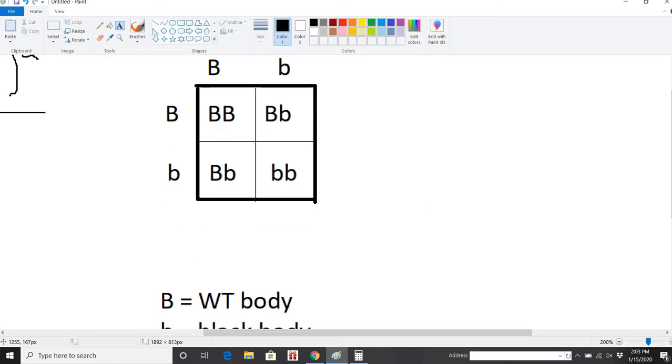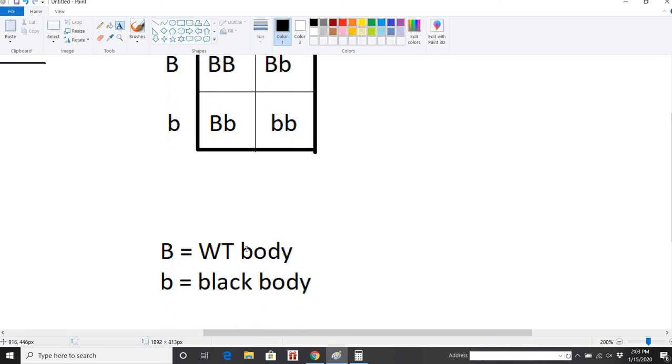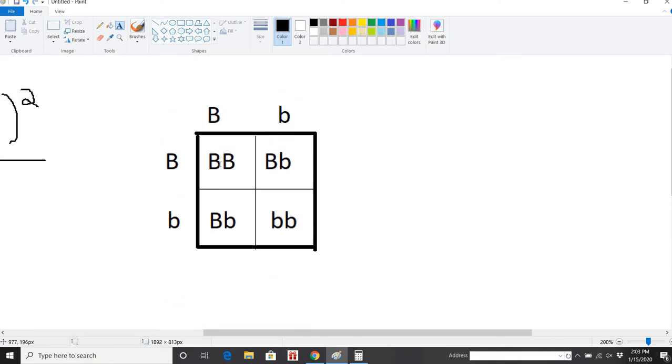So if large B stands for the wild type body, like the brownish one, and little b stands for black body, our Punnett square would look like this. So we would have 1, 2, 3 out of the 4 with a wild type body, and 1/4 with a black body. Now, as we go through, we're not going to want you to do Punnett squares for every single one of these, but since it's the beginning of the course, it's still okay to draw Punnett squares.